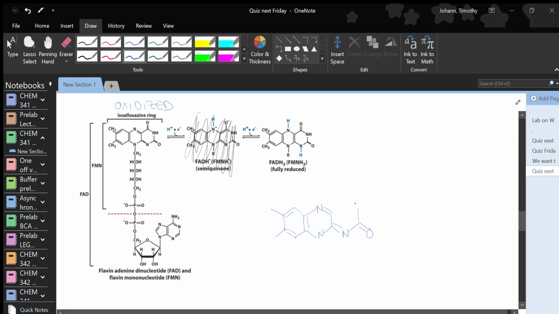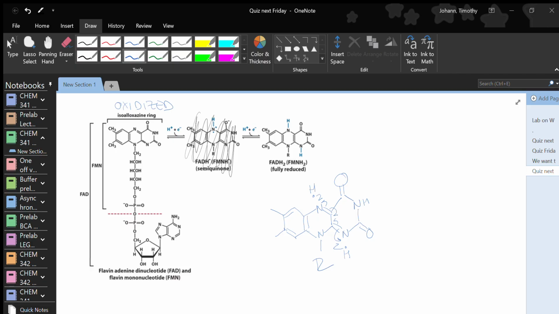You don't have to show this mechanism. This is just a way to think about the oxidized versus the reduced. If I bring in an H dot, I can do a little 1 electron arrow there to there, there to there, right? And then I can bring in another H dot over here and bring this up to make a bond there, and that one to make a bond there. Does that make sense? Do you see how we now brought in 2 electrons?